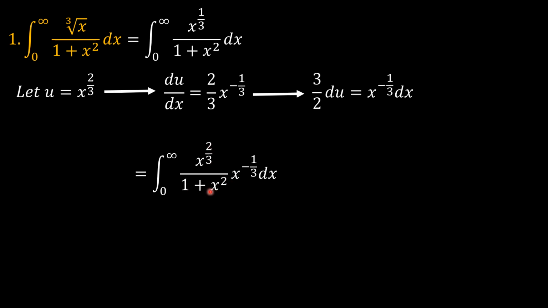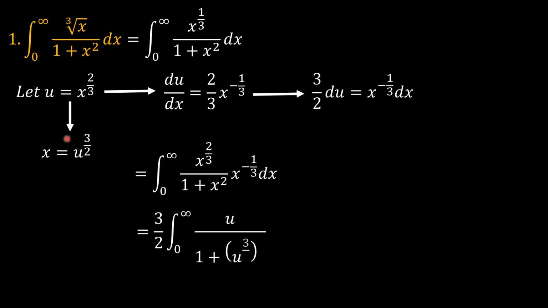And then from this expression, we can deduce that x is the same as the square root of u to the power 3, which is the same as u to the power 3 over 2. Okay, so now that allows us to come back and substitute u in place of x to the power 2 over 3.